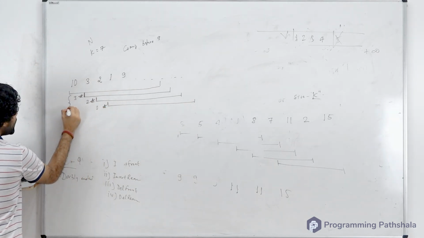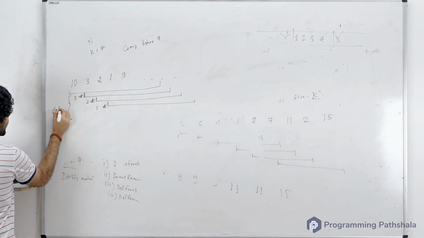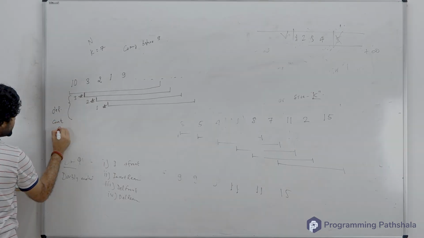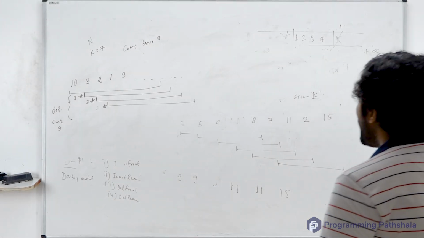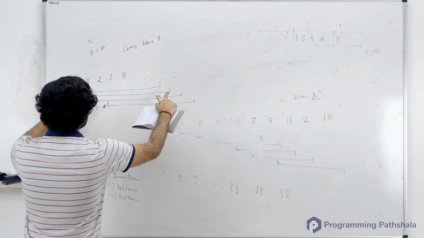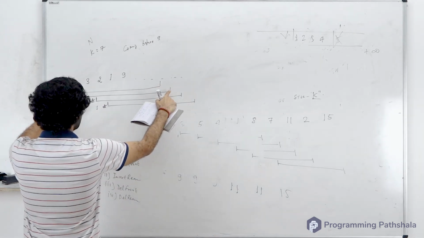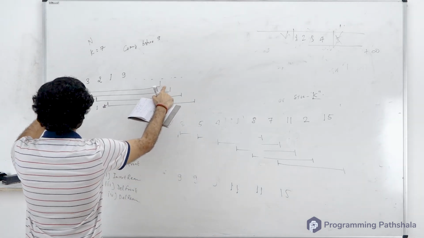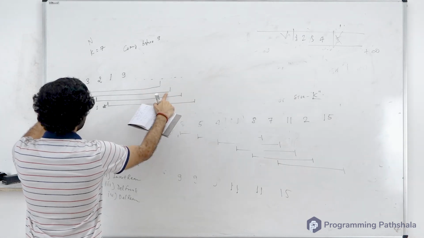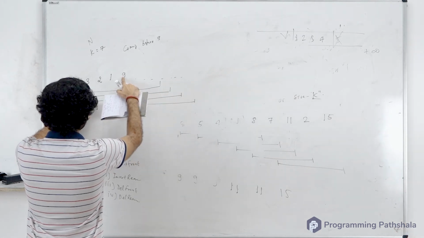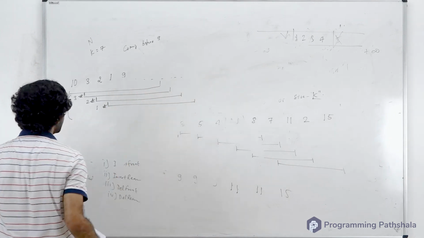Can I say that all of them will definitely contain 9? Yes, they will definitely contain 9, because all those windows are going to be the same size as this window. So if this is of the same size as this and you're sliding it, the 9 will definitely be there. Similarly, when you slide this, again 9 will definitely be there.